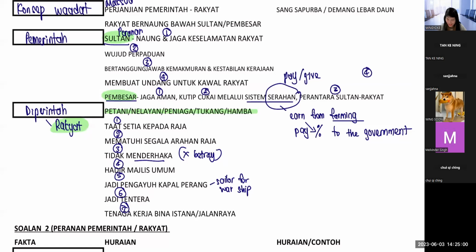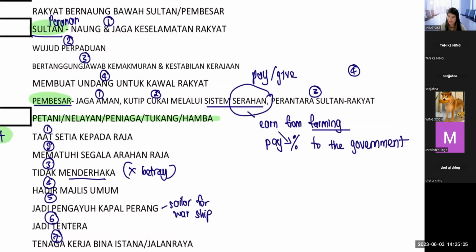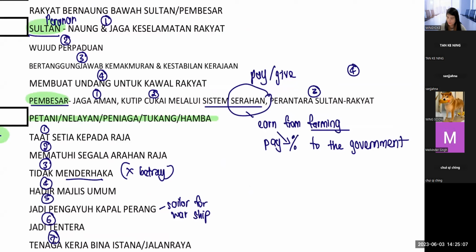Okay, let's continue. So then we can write the number 4 one lah. You can say membekalkan tenaga tentera melalui, just now I say there is another system called system what?